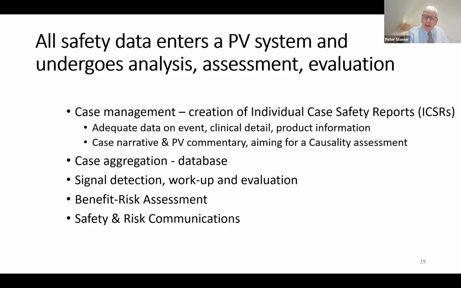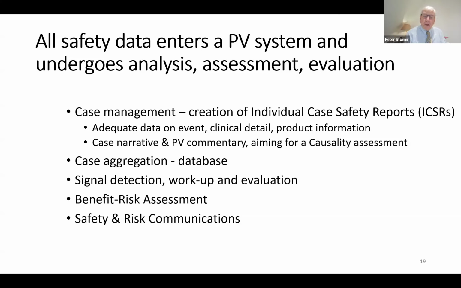Number one is case management and the creation of individual case safety reports, what I would call the units of value in early pharmacovigilance. If the quality of case safety reports is poor, then it's likely that this has an impact on the quality of further pharmacovigilance down the line. This is an important thing to keep in mind.